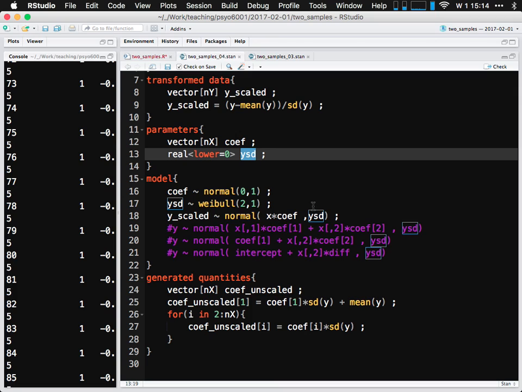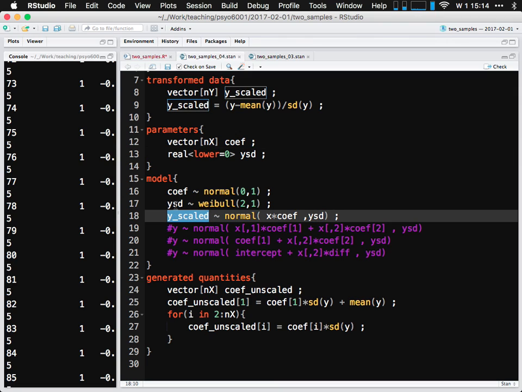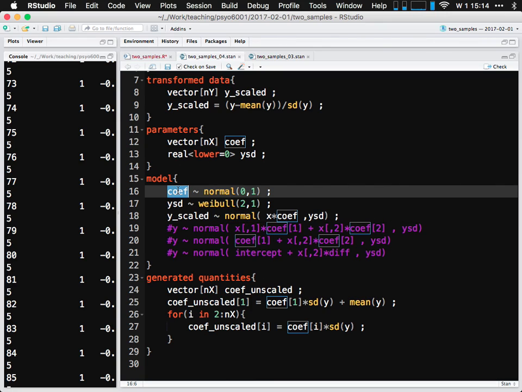is, since it's on the right-hand side of a function of y scaled, ysd is being expressed on the scale of z scores. So in theory, in the same way that we had coef as something that was on the z scores and we wanted something new that was on the scale of the original data, we need to do something.